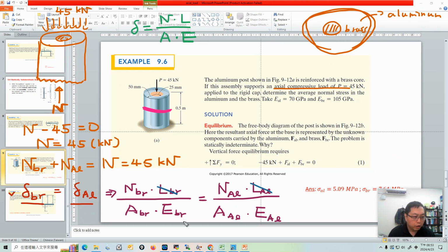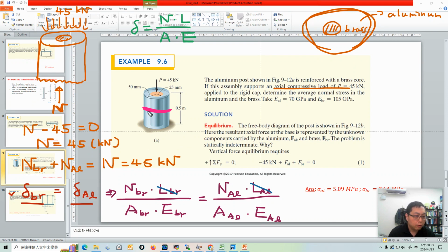The normal force on brass and normal force on aluminum, we don't know, so keep it. And do we know the area of the brass and area of aluminum? Yes, we do know because this problem gives the outer radius of 50 millimeter and inner radius of 25 millimeter.